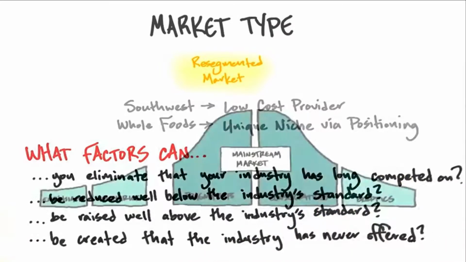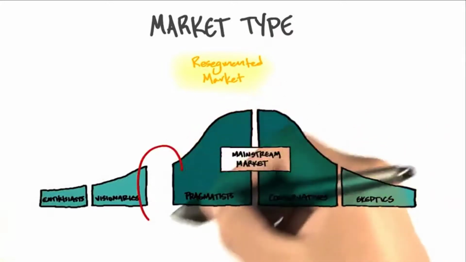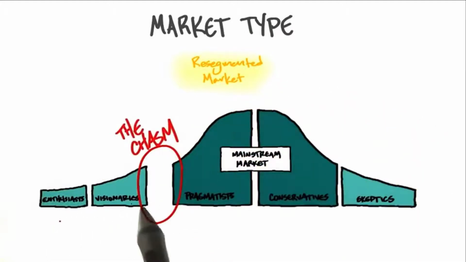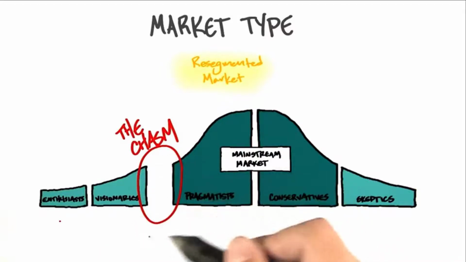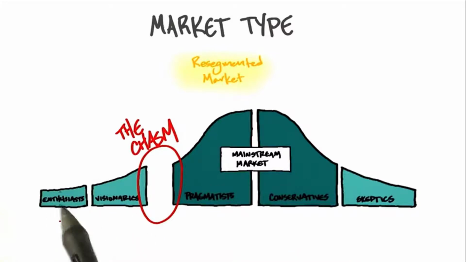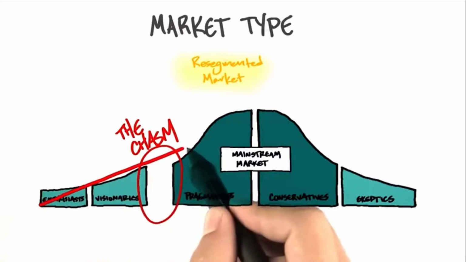Now what's interesting is, if you look at the chasm between your early adopters, your early evangelists, and the mainstream market in a resegmented market, this is what Moore was kind of talking about, called the chasm. There really is a gap between what these people want and a gap between their needs.